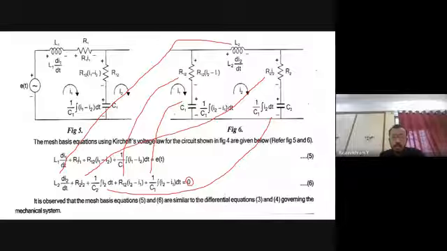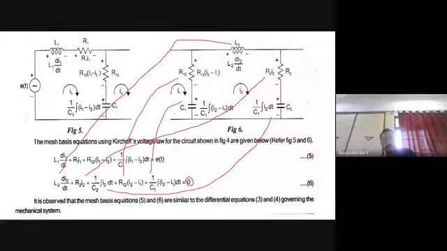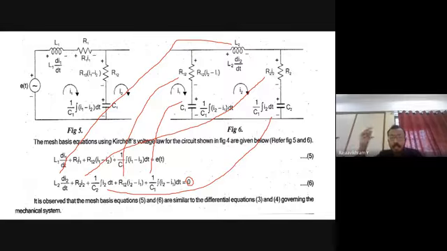This 0 voltage is equivalent to the summation of the voltage drops across each element. That is, the applied voltage is equivalent to the summation of the voltage drops across resistance, capacitance, and inductance.